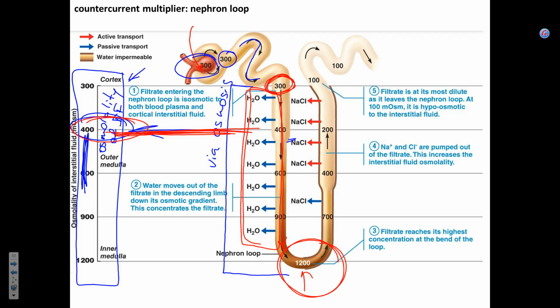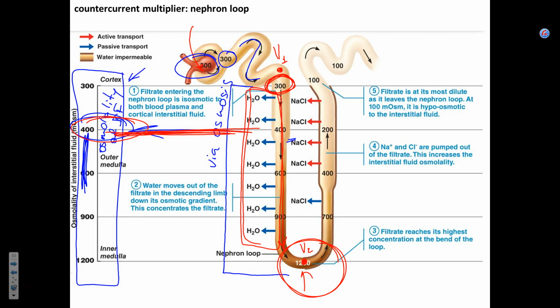Does that make sense? Now I'm going to ask you a very, very important question. So the volume of filtrate that enters the nephron loop, I'm going to call it V1. It's right here. And the volume of filtrate at the bottom of the nephron loop, I'm going to call it V2.